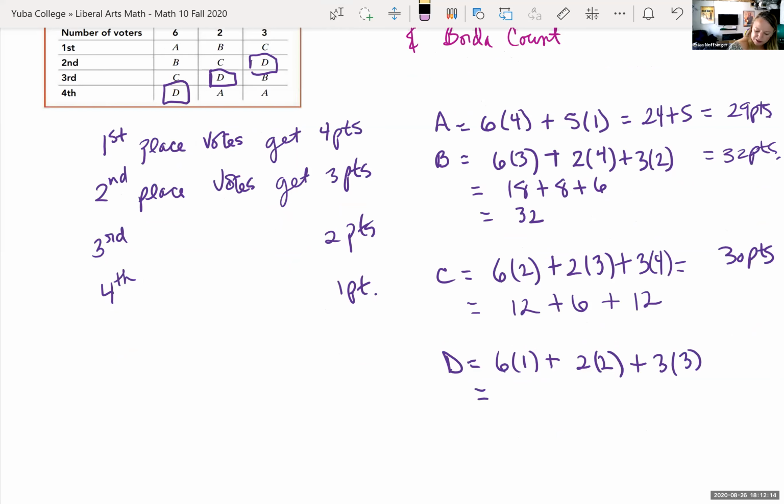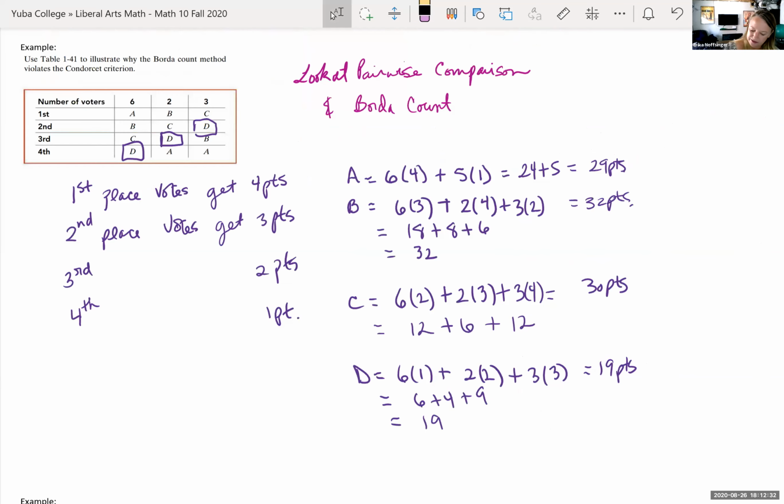So we got 6 plus 4 plus 9. That's 19. So they get 19 points. And so by the Borda count, B would be the winner because they have the most.